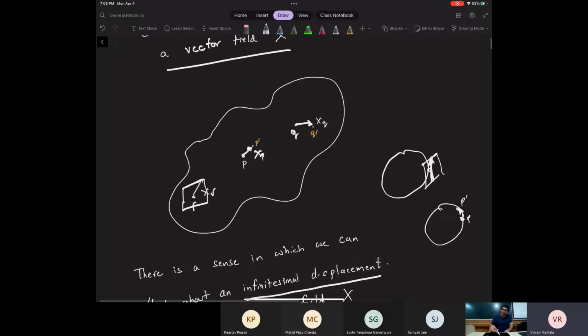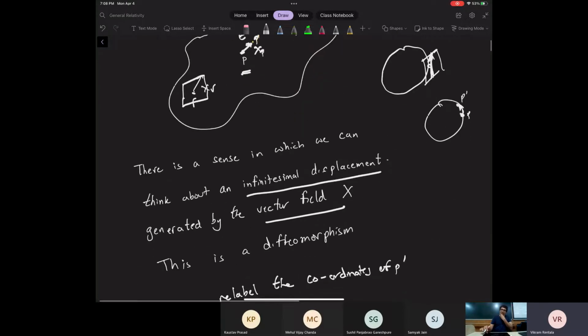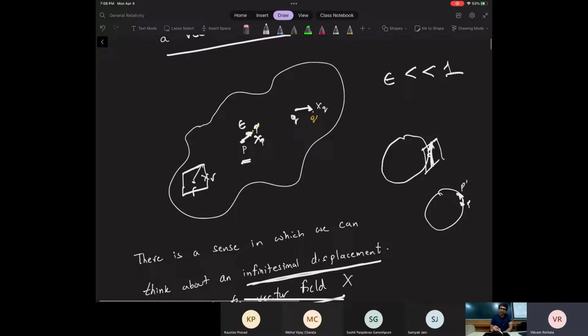But now, instead of this transformation from P to P prime happening just at one point, the important point is that P prime is infinitesimally nearby. That infinitesimalness is controlled by an additional small, dimensionless parameter which we call epsilon. Now we think about the infinitesimal displacement generated not just at P, but at every point.